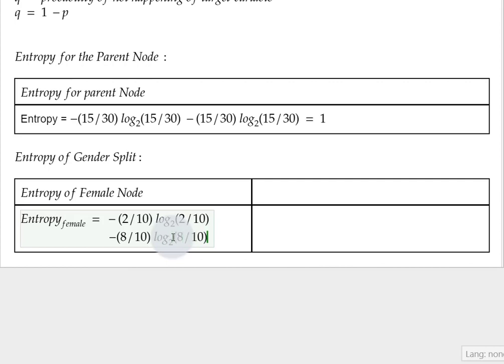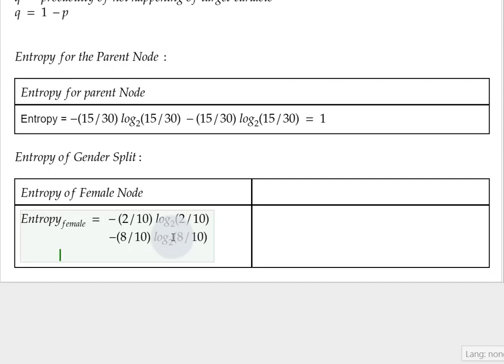This will be my value of the entropy for the female node, and I think it will come around 0.72. So this female node is less impure compared to the parent node, since the entropy value is less.